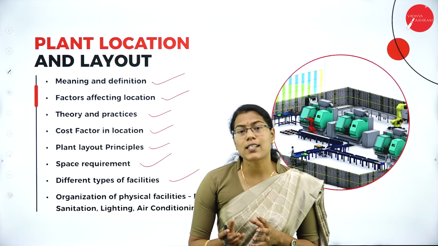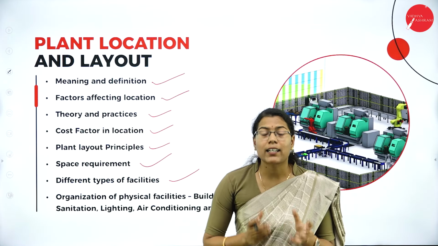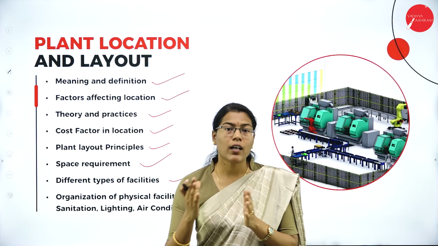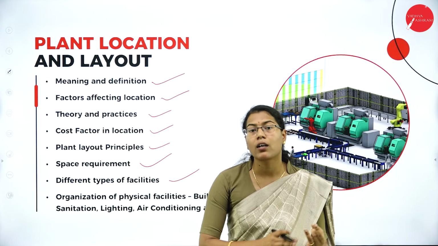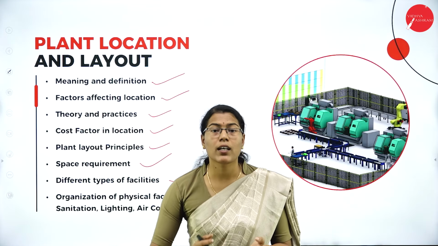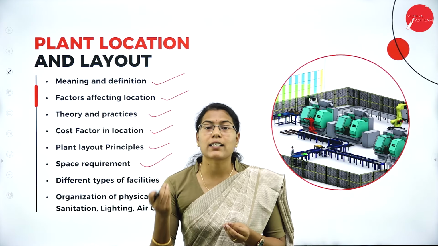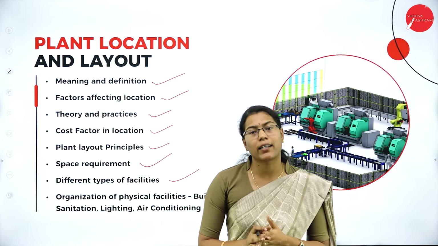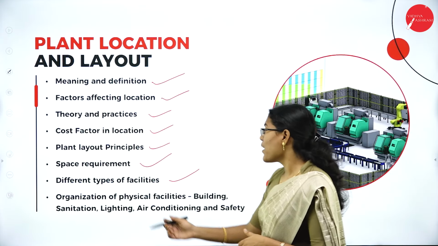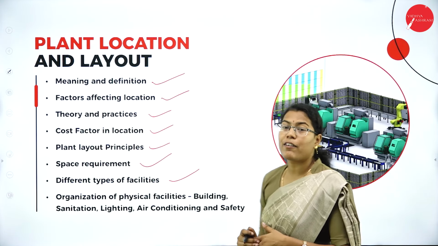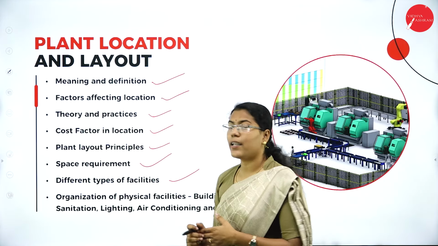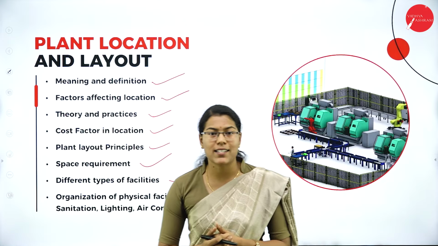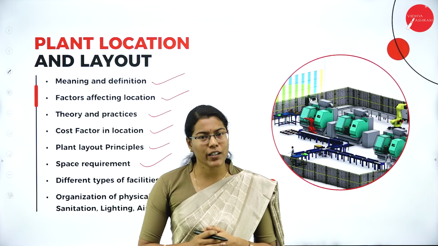Here it discusses the facilities that are needed for production and operations management, like manufacturing, warehousing, distribution, and all other facilities needed to set up a plant layout. So the last topic is organization of physical facilities like building, air conditioning, sanitation, lighting, and safety for the workers, etc. in the production unit.